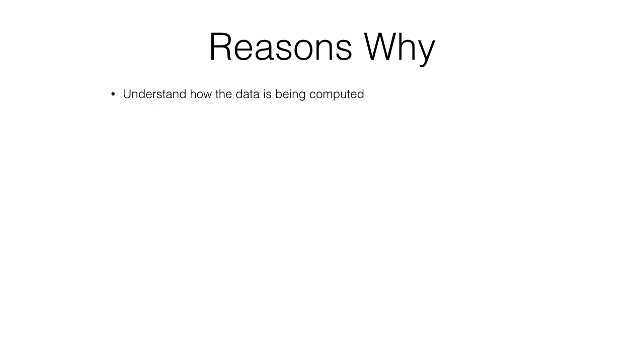You need to understand how the data is being computed. When you declare a variable, that's data. That's holding some memory. When you're pulling information from a form or what a user's doing off of a web page, that's data. When you're pulling information from the hard drive, that's data.